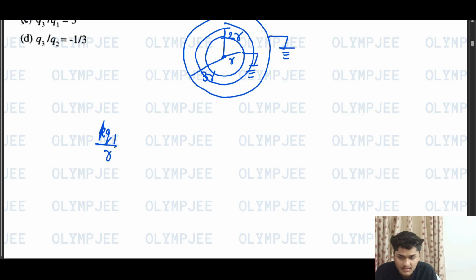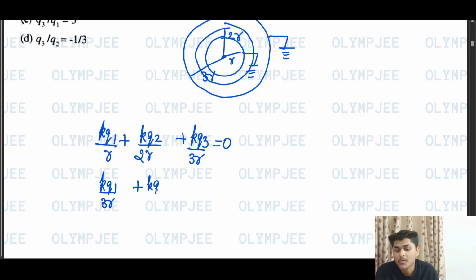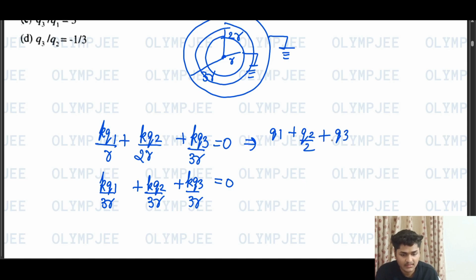So this one will be... and for outermost shell I can write as... so this will give us, on cancelling out the common terms, q1 plus q2 by 2 plus q3 by 3 is 0, and also q1 plus q2 plus q3 is 0.